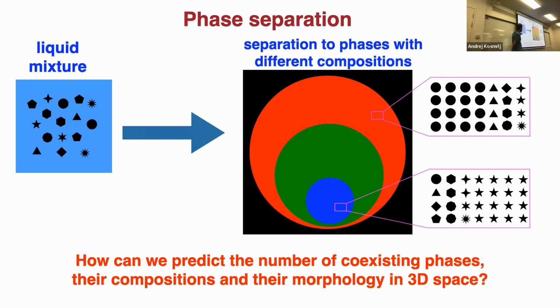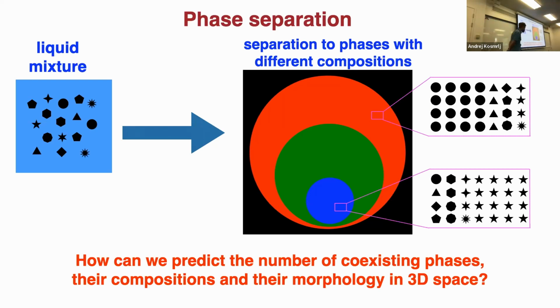Let's say that I have a multi-component liquid mixture made of different molecules. What I would like to answer is, if you tell me what concentration of different molecules you have and how they interact, can I predict how many different phases will form, what will be their composition? For example, the blue phase may be enriched in star molecules and the red phase may be enriched in circle molecules, and also how they will arrange in space.